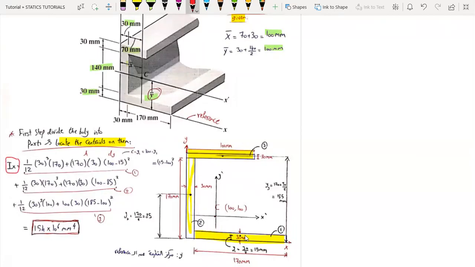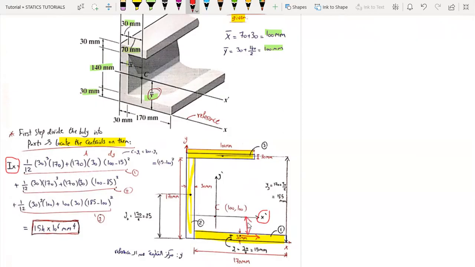For the centroids of segment number 1, we are now concerned with the vertical distance. Here it is the x-axis, and here the x prime. So we are concerned with this distance, the vertical distance dy.